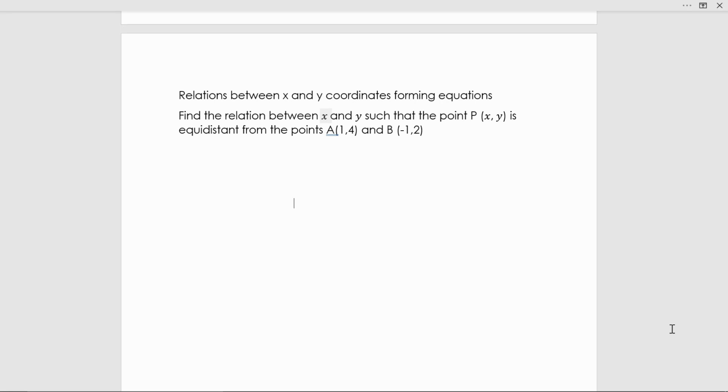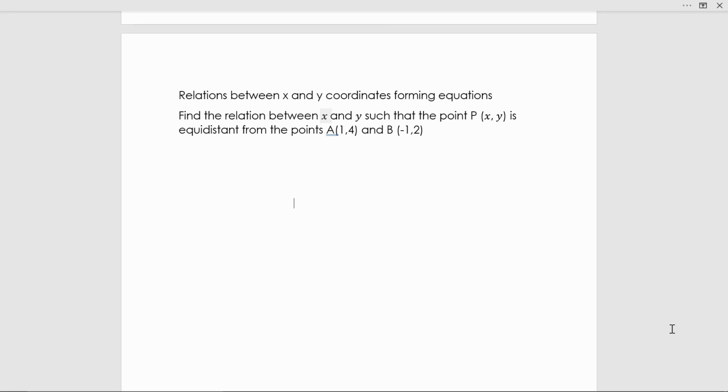If we read the example here, it is given as: find the relation between x and y such that the point P, denoted by x and y, is equidistant from points A, which is 1 and 4, and B, which is minus 1 and 2. So this problem is very similar to the previous problem where we found the value of k, but here we are not actually finding a value, rather we are forming the equation.